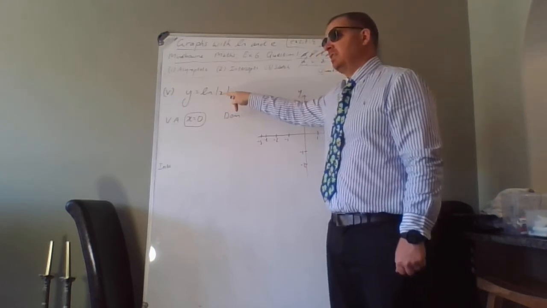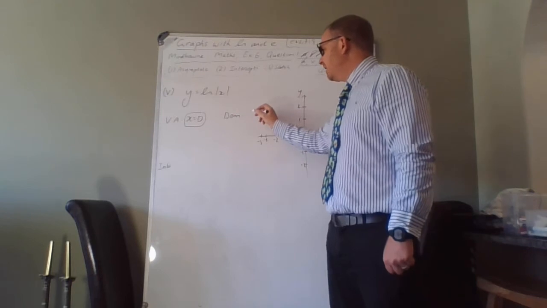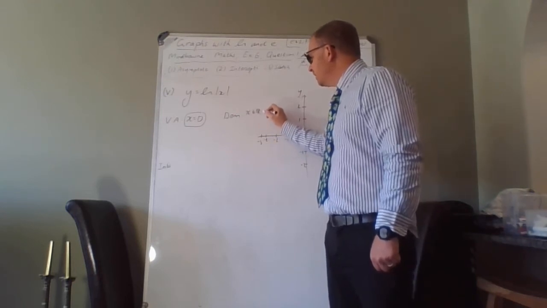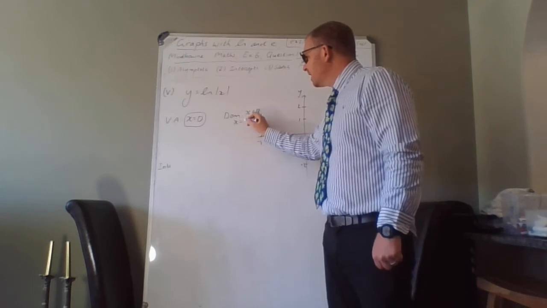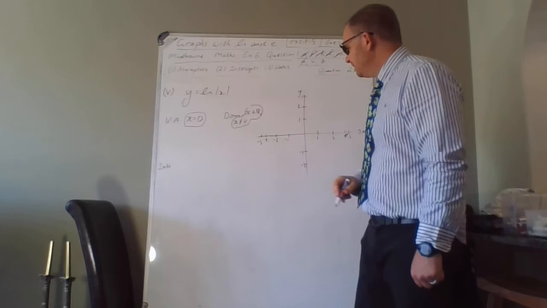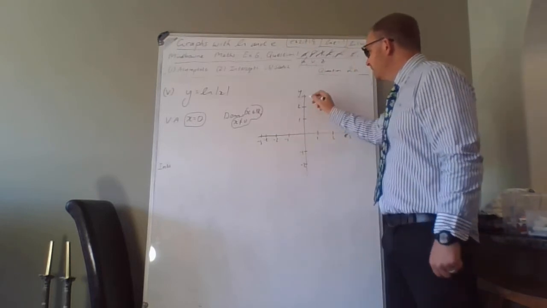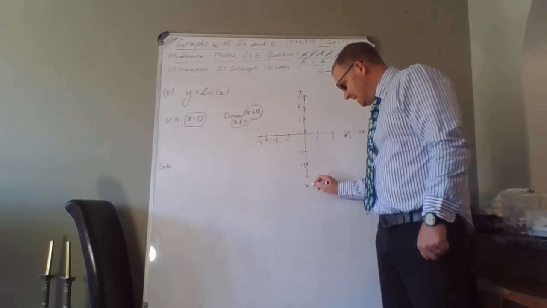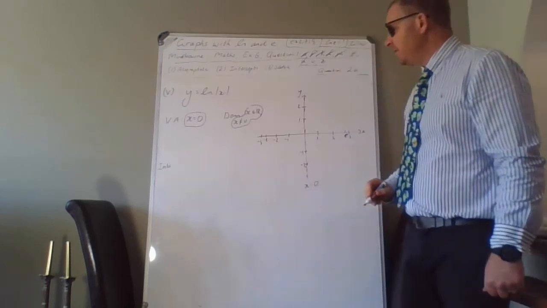Because the absolute value of anything is positive. So the only thing you can't have is 0. So the domain is x is an element of reals, but x cannot be equal to 0. So you can go to the left and to the right, but there is, remember, a vertical asymptote at x is equal to 0.